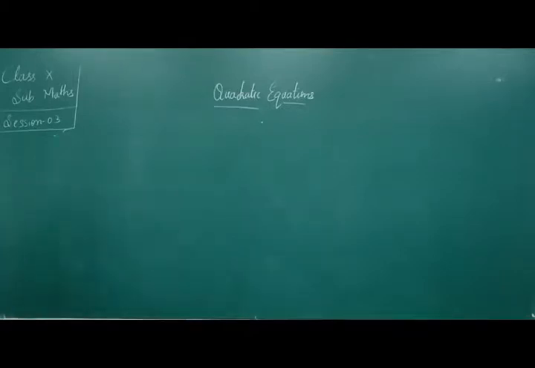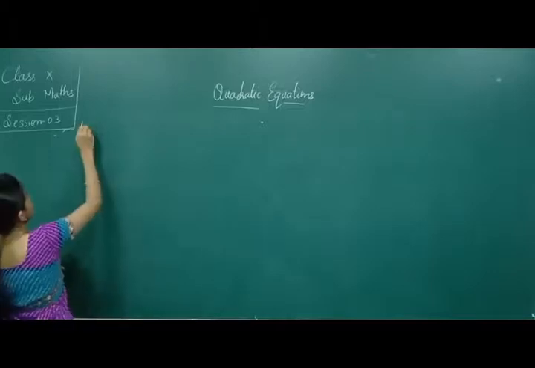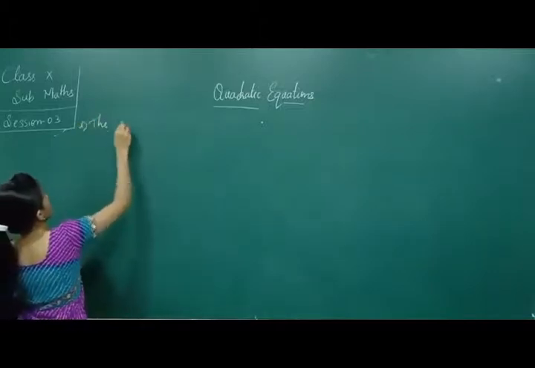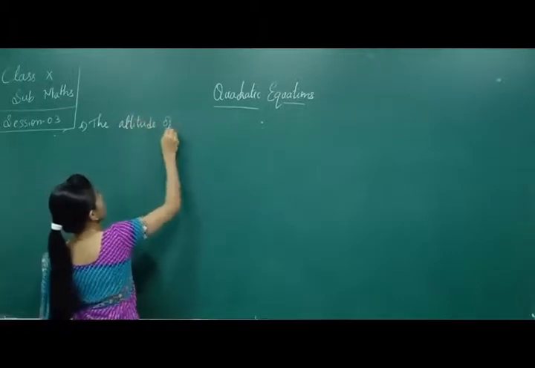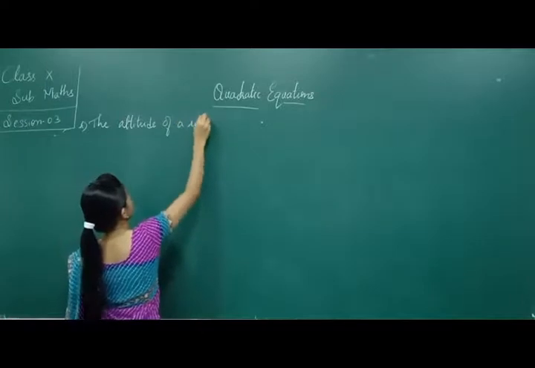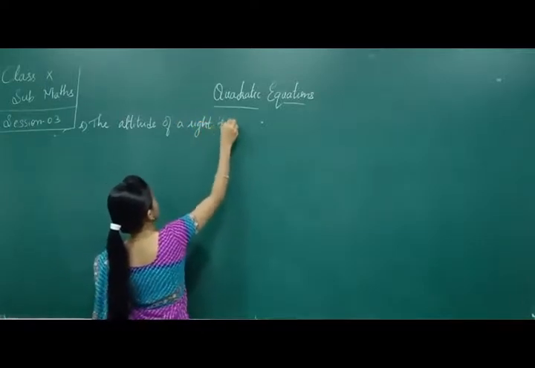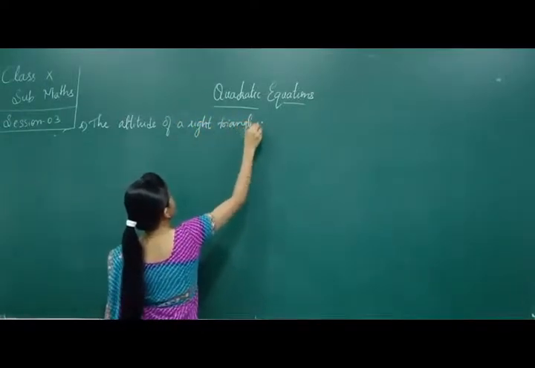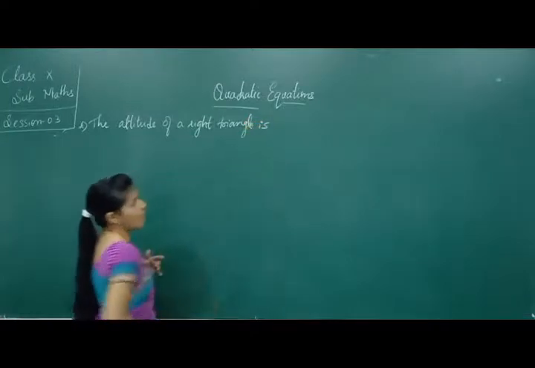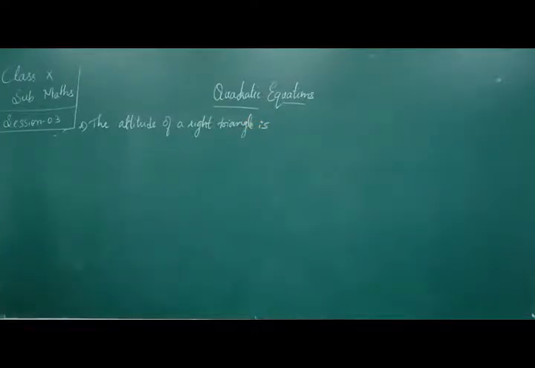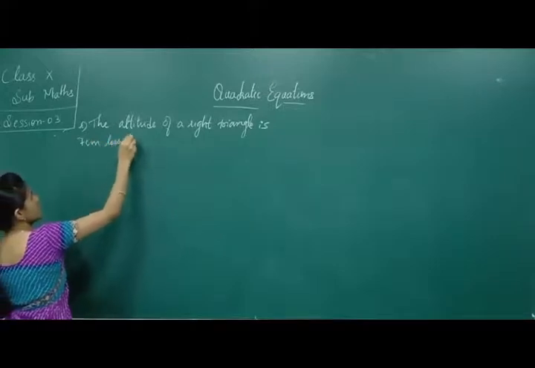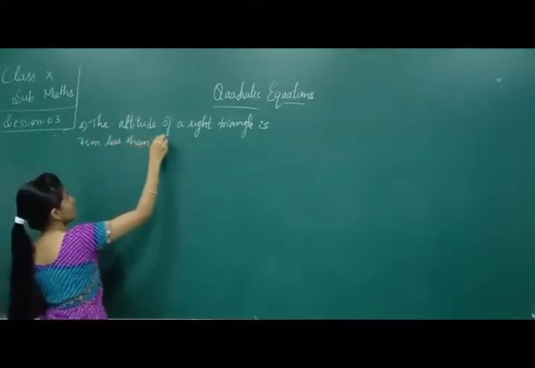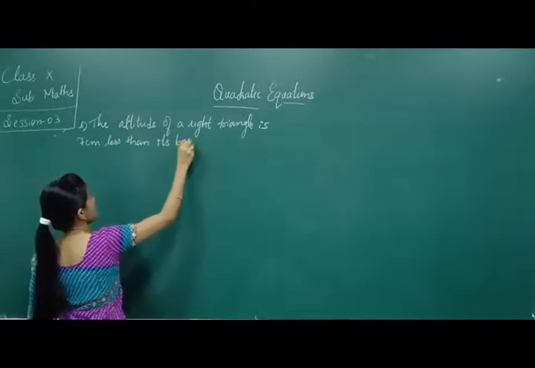The altitude of a right triangle is 7 centimeter less than its base.